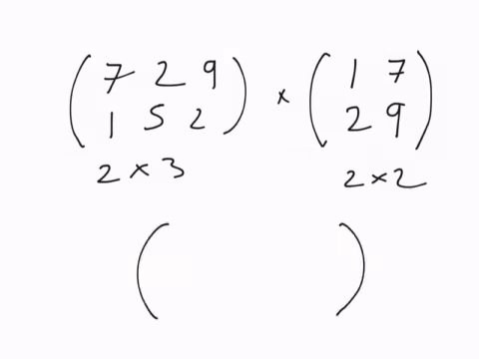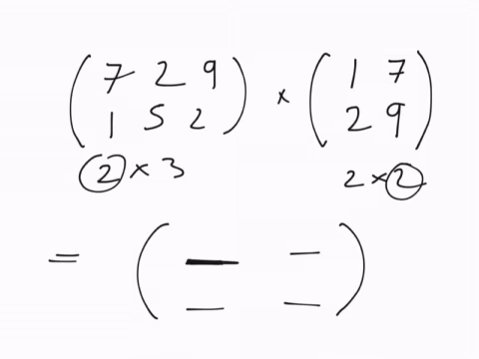So, the resulting matrix is going to be a matrix of 2 by 2. Let's try and do the first topmost element of the matrix. It's the same as normal.